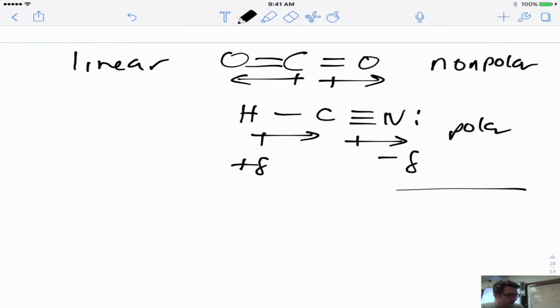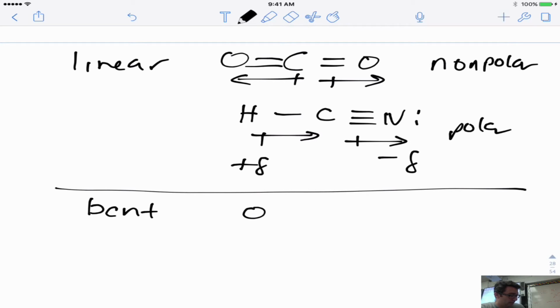Now remember, in the other video I said if you have a lone pair, so if we have bent, that could be where you have SO2 like this with one lone pair, or it could be where you have H2O, where you have two lone pairs. What this bent shape ends up doing is causing asymmetry.